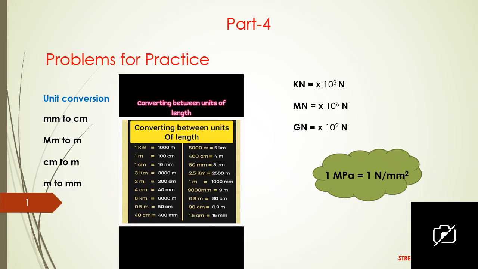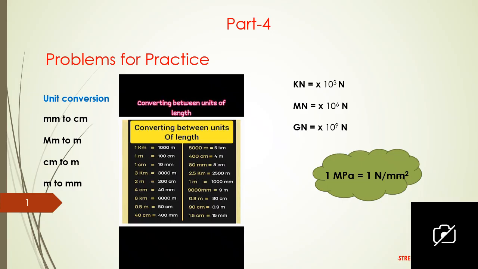By using the relationship between elastic constants, we are going to solve some of the basic problems in the topics. Before getting into the problems, we must know the basic unit conversion.